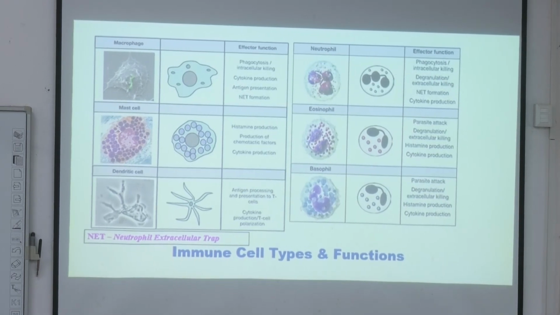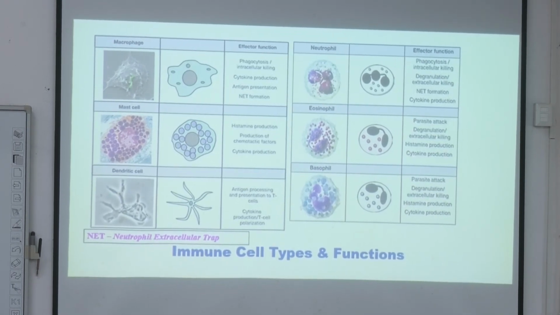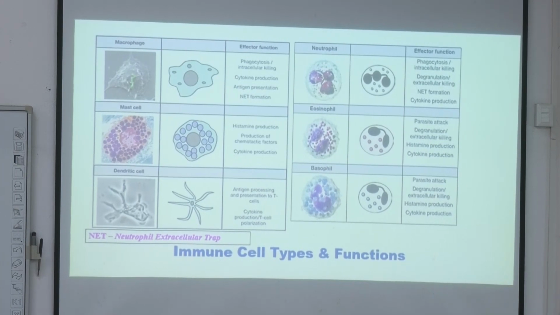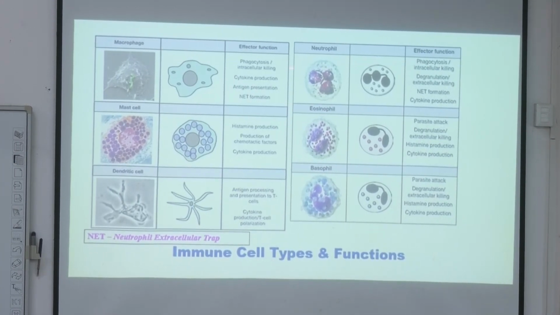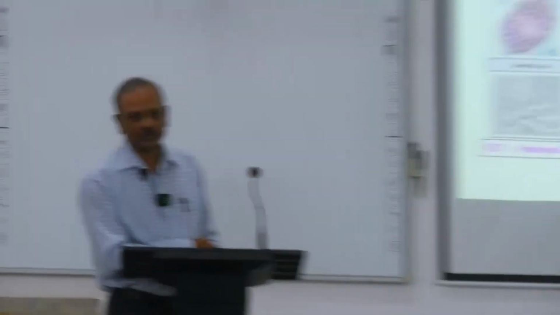As a rule, remember that almost all the cells produce cytokines, and the important function of macrophage is phagocytosis, because they engulf bacteria or virus and then kill them. That is the basic job of macrophage. Mast cells, remember, histamine is released from the mast cell and eosinophil, and these cells are involved in allergic manifestation.